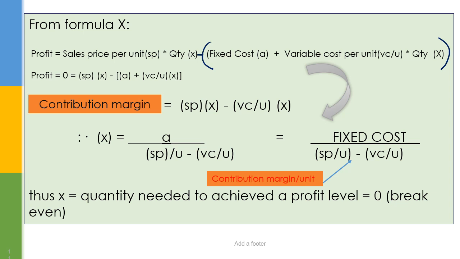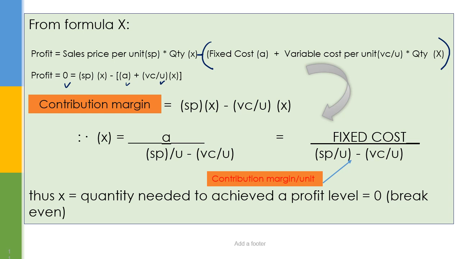So in order to get the break-even point, profit must be equal to 0. Profit equals 0, equals sales price times X, where X is referring to the quantity, minus fixed cost and variable cost.